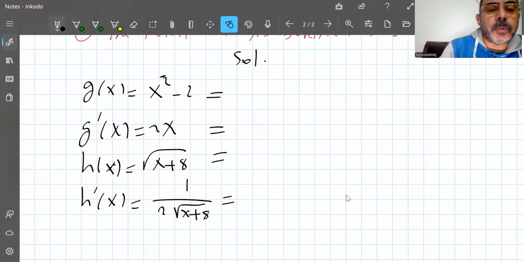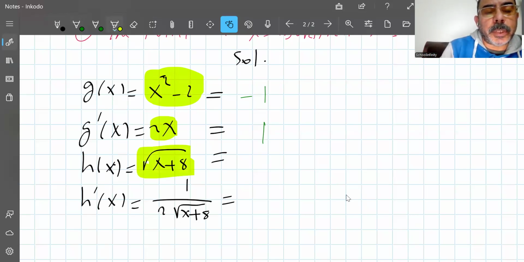So we have x equals 1. So 1 squared is 1, 1 minus 2, we get negative 1. Then g prime, 2 times 1 is 2. Then h of x.